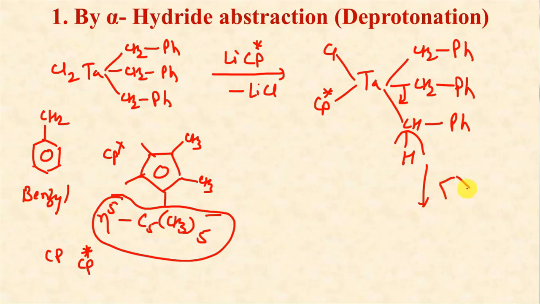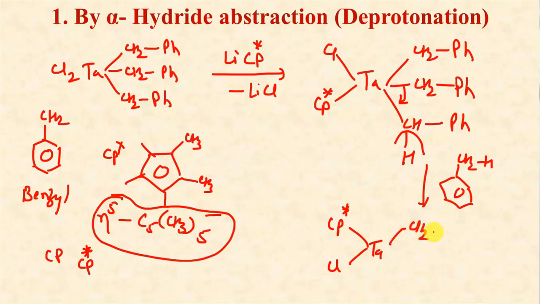So we are having the byproduct CH2 and H, meaning toluene is lost. And the final product which we will get from this reaction is a Ta. One of the groups remains as it is, whereas in the second case we will get CHPh. So this is another example of a Schrock carbene.